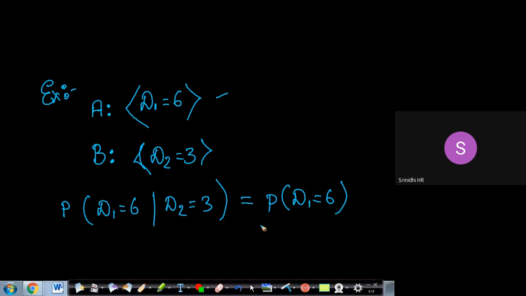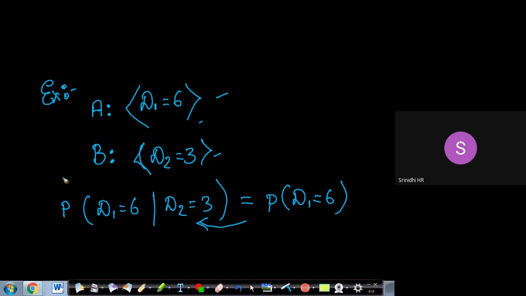What does it mean? D1 is nowhere connected with D2. Die 1 is different, die 2 is different. Given D2, D1 is not dependent on D2.